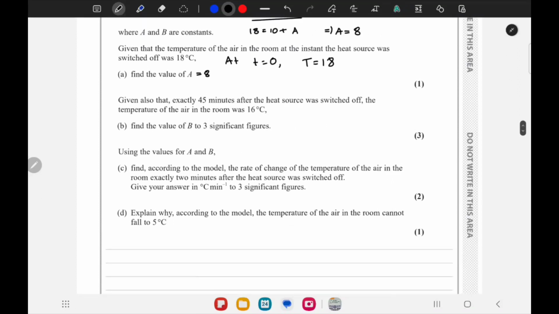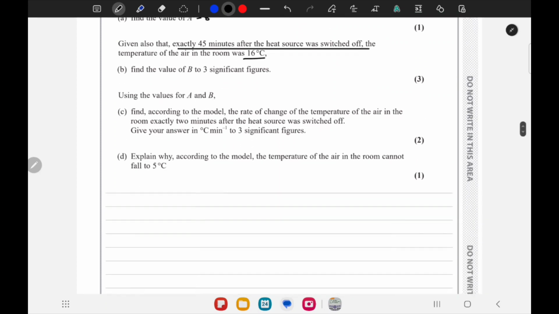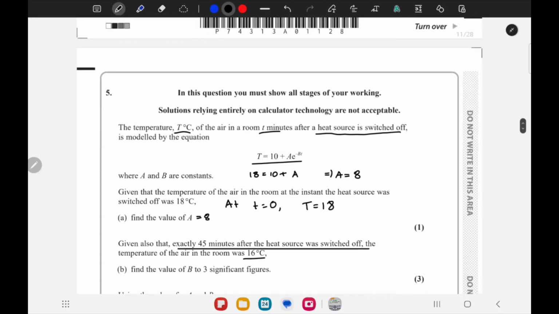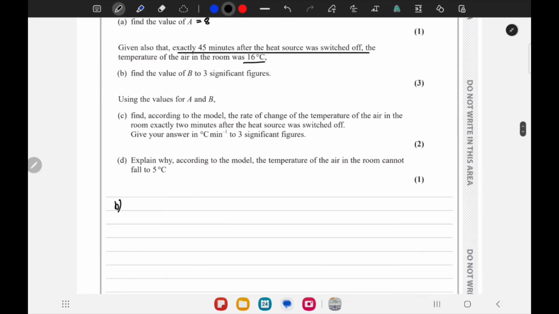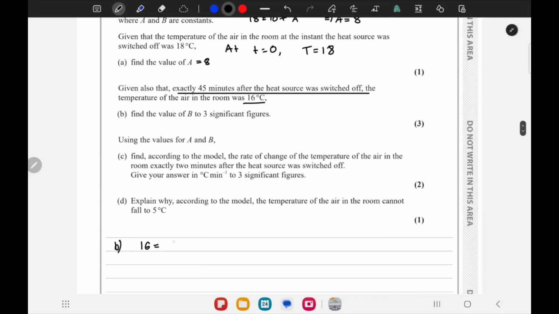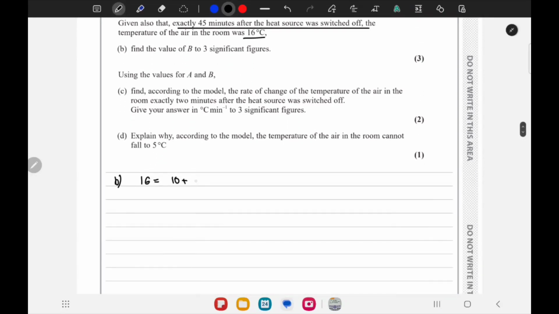Now in part B, we are given exactly 45 minutes after the heat source was switched off, the temperature was 16 degrees. So we have to find the value of b over here. 16 is 10 plus 8 e to the power minus bt, and the value of t is given as well.